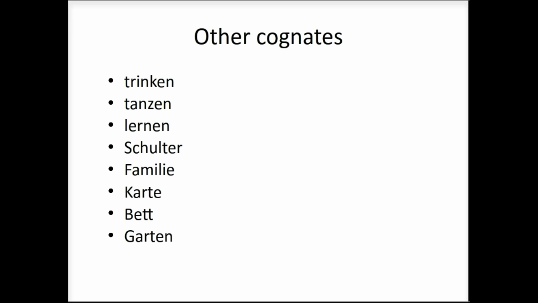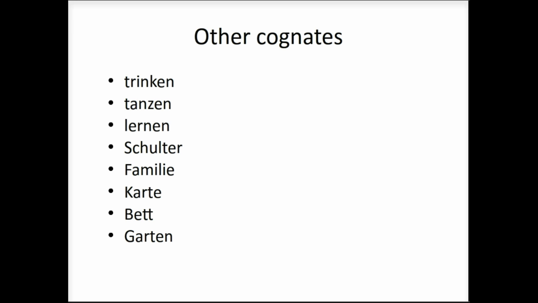In the next word, lernen, you may recognize enough of that to know that in English we add an A to get the word learn. The word Schulter starts with an SCH, which in German is a sh sound.